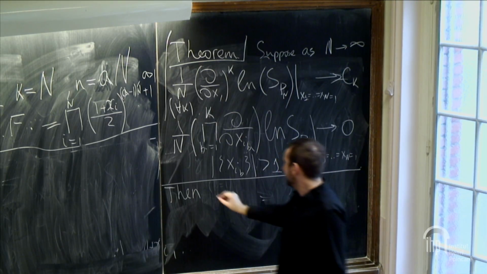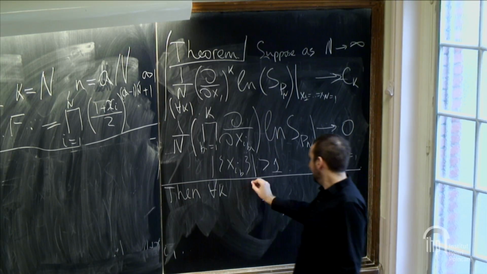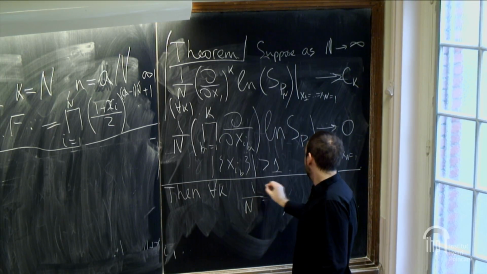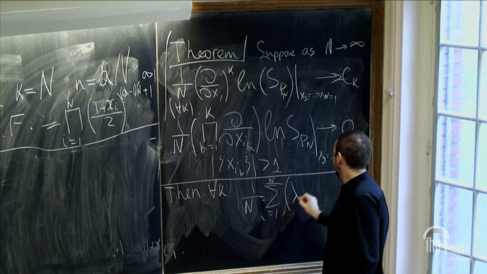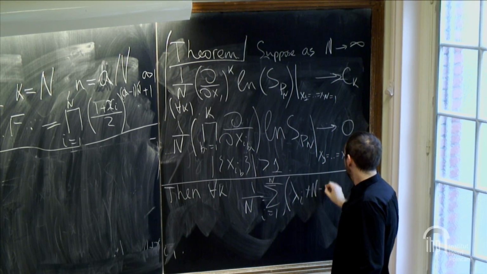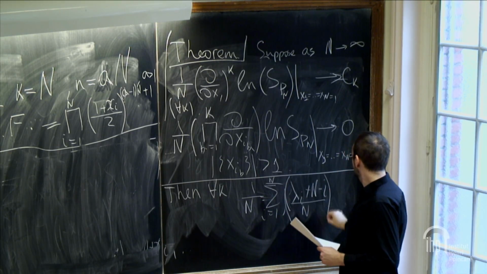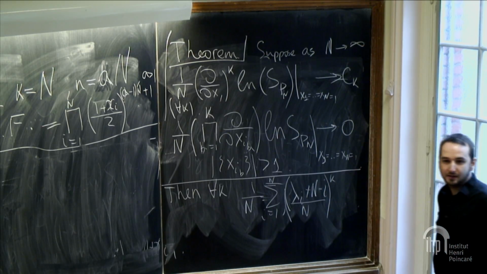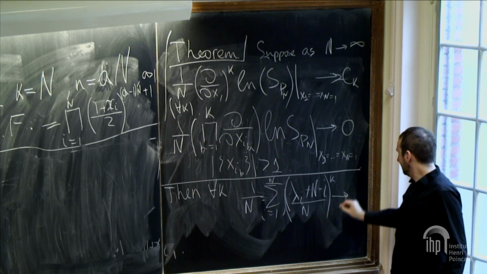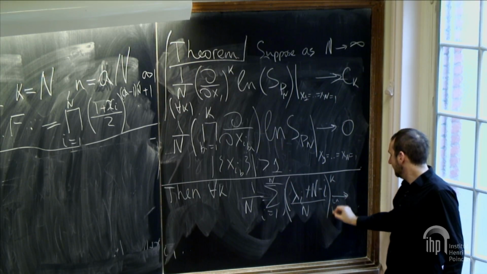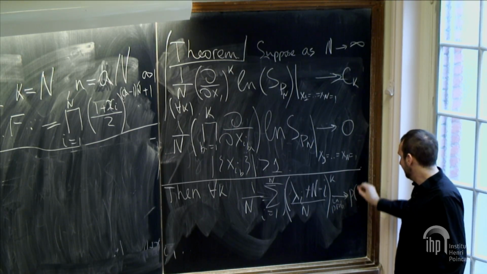Again, for each k, 1 over n times the sum from i equals 1 to n of ((lambda_i plus n minus i) divided by n) raised to the power k converges, say in probability, which we will prove in a stronger sense, to some numbers p_k.